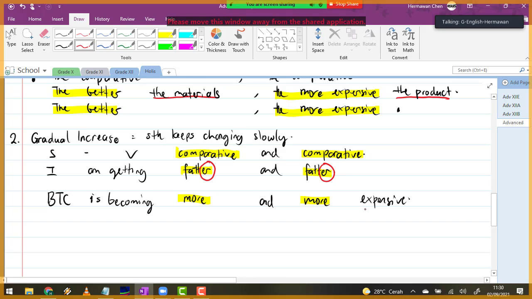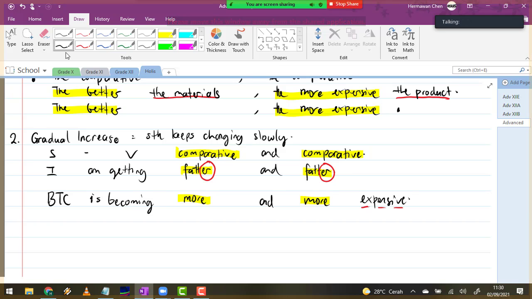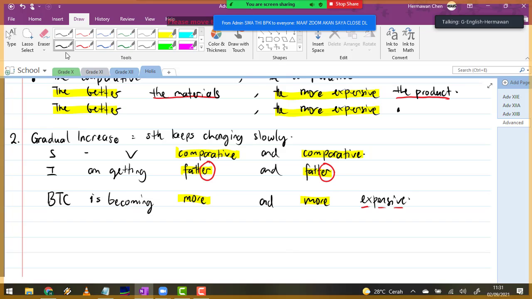Why do we use more and more? Because expensive is a 3-syllable adjective. Any question for number 2, gradual increase? There's only one pattern. It's shorter than the parallel increase. Okay, I give you 1 minute to write down.